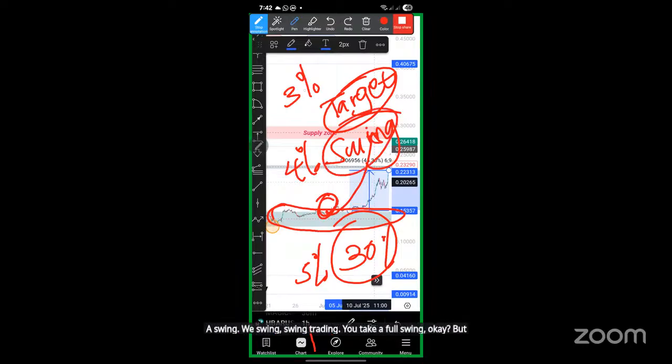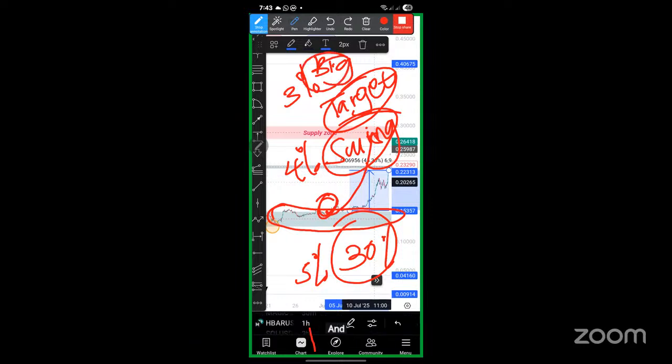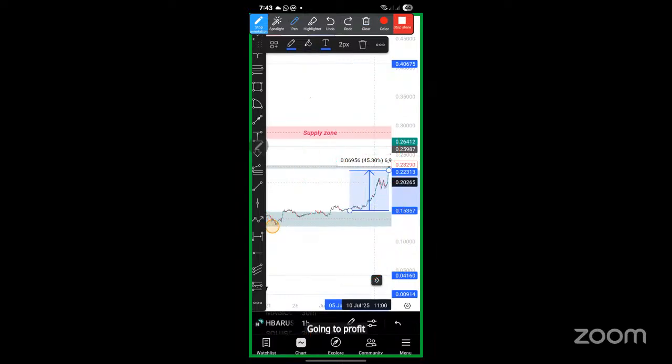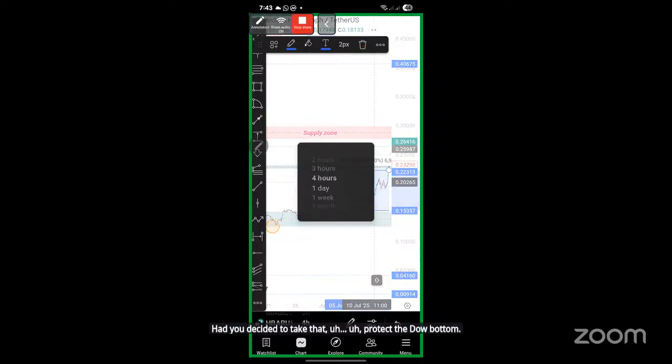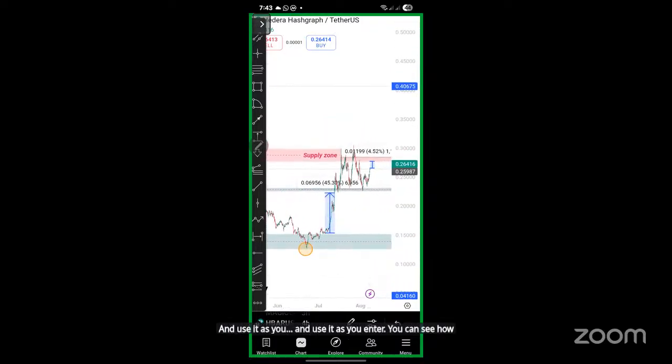But you do your analysis in the bigger time frame, as we have seen, and you go for profit in the small time frame. So if you had decided to take the double bottom and use it as your entry, you can see how profitable you could be.